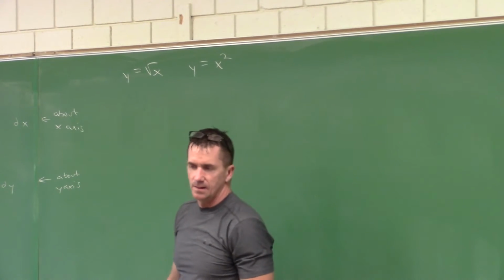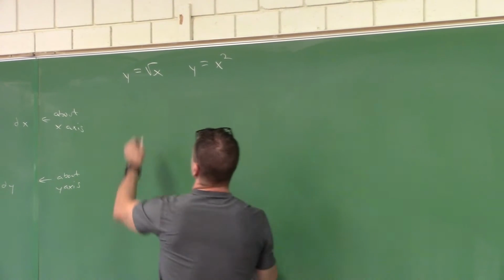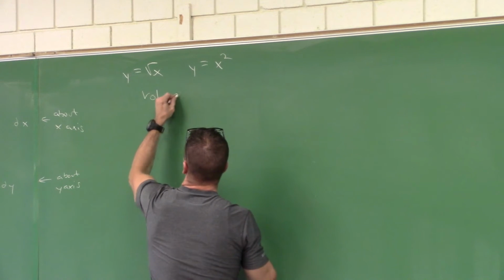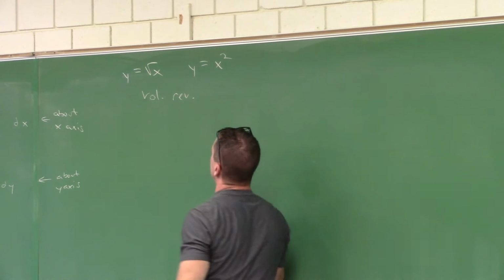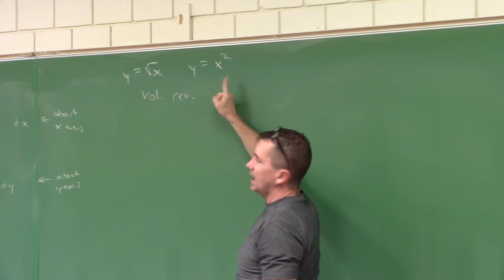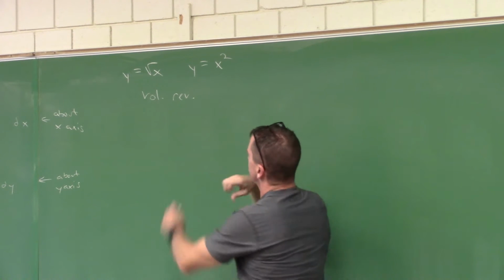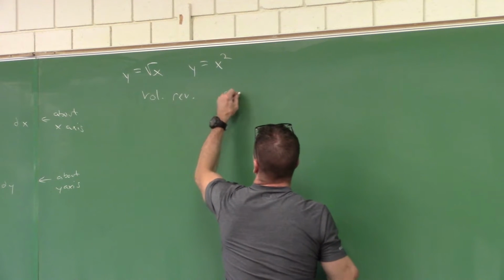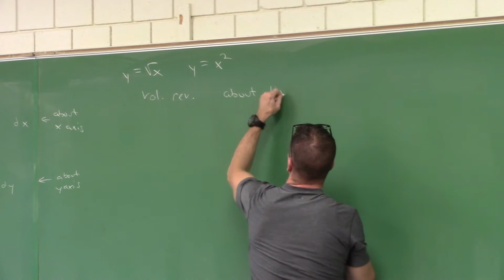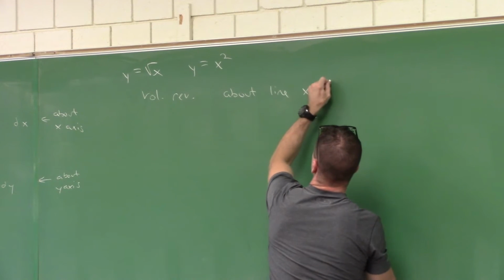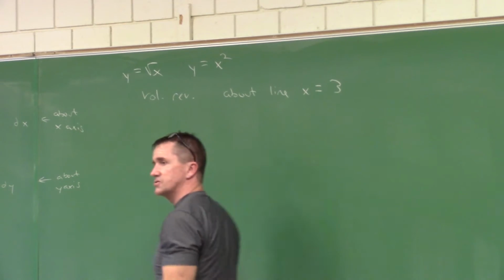And let's find the volume of revolving the region bounded by these two functions about the line x equals 3. We'll set it up.